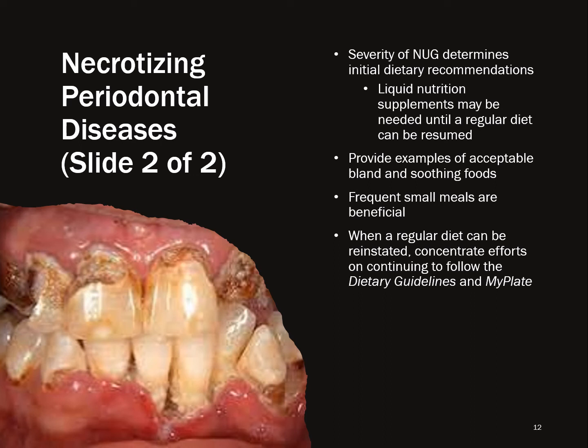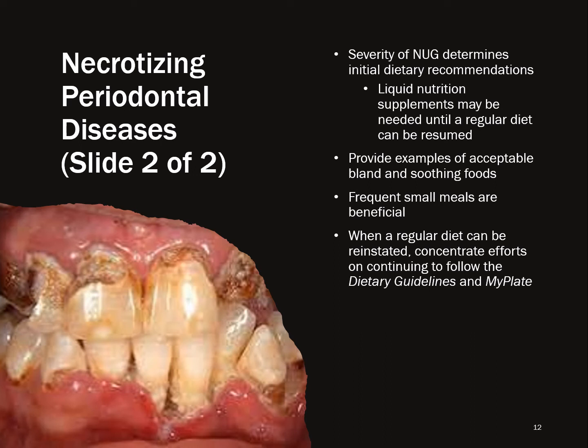As far as the etiology, right, we know that nutrition doesn't cause NUG or NUP, but it's one of those factors that go along with it. So we know that NUG is usually caused by bacteria, of course, being the number one. The local health, so any kind of plaque buildup and bacteria counts that are in the mouth specifically.